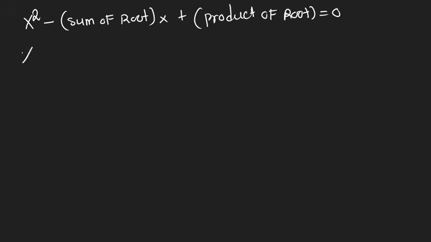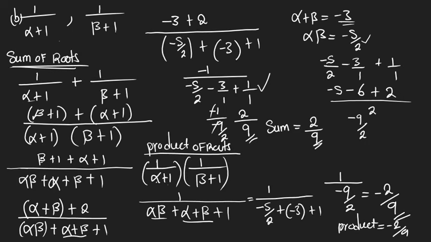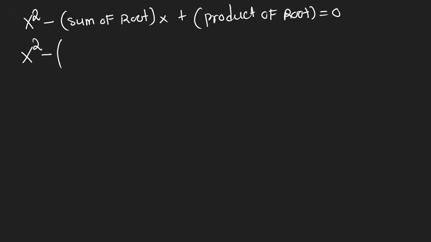So what was the sum of roots? When we summed up the roots, we're getting 2 over 9. When we product the roots, we're getting negative 2 over 9, equal to 0.